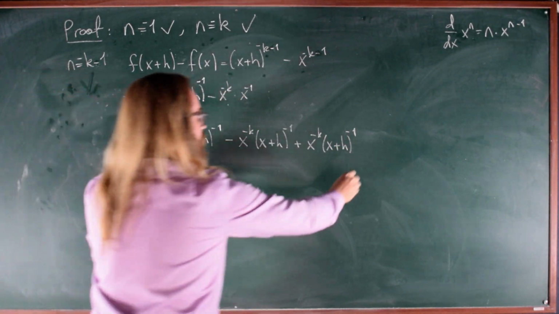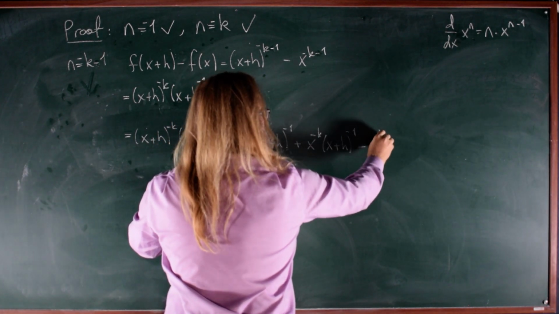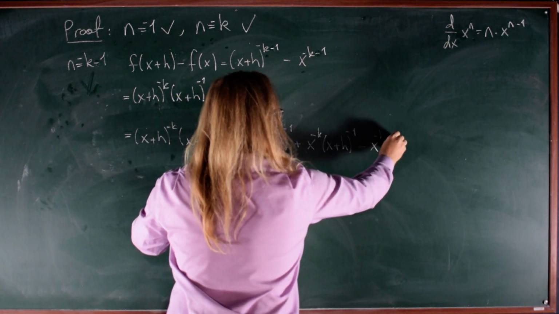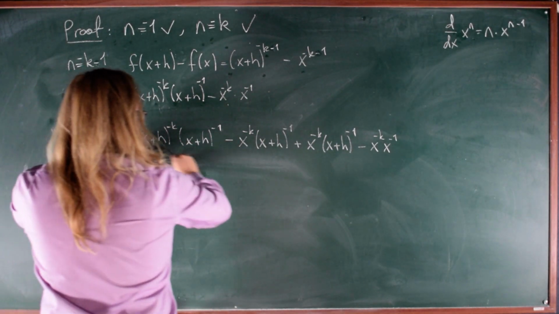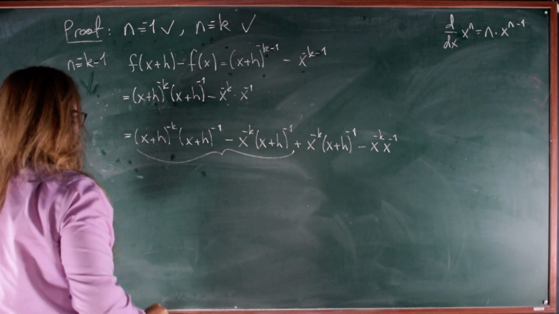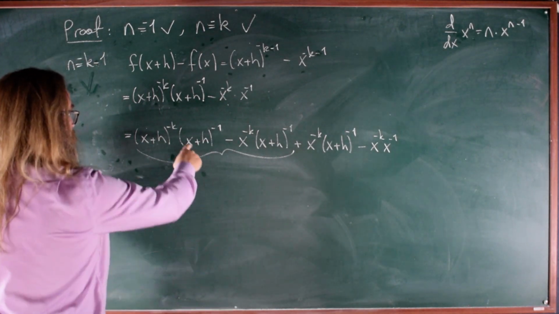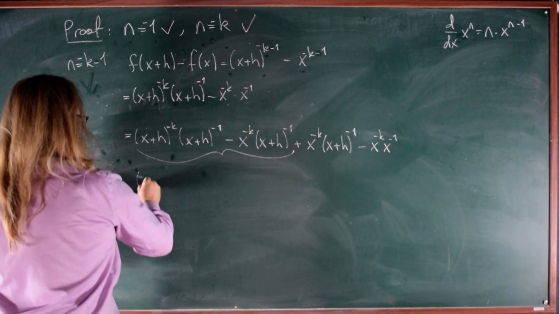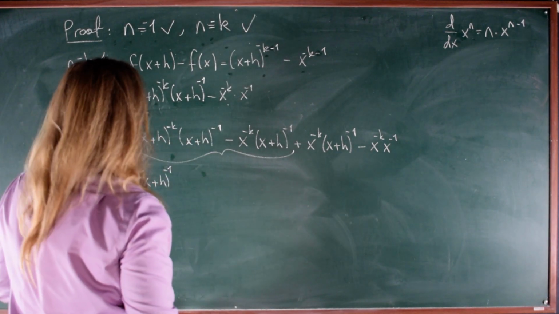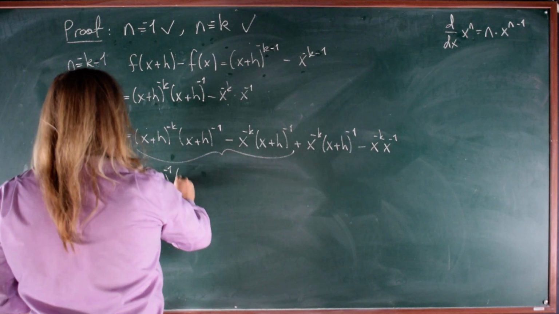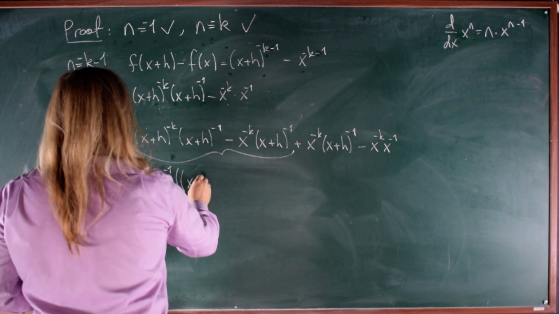And then we still need this last one. Okay, I gather these two, because we have a common factor here. So we have x plus h to the minus 1. And then we have, again, this absolute beauty.